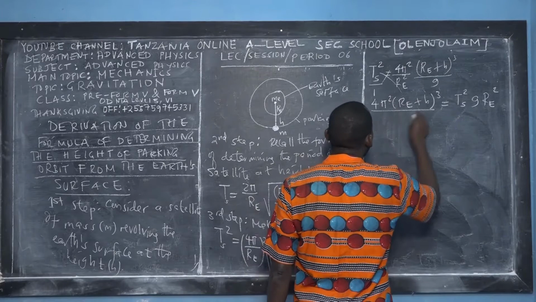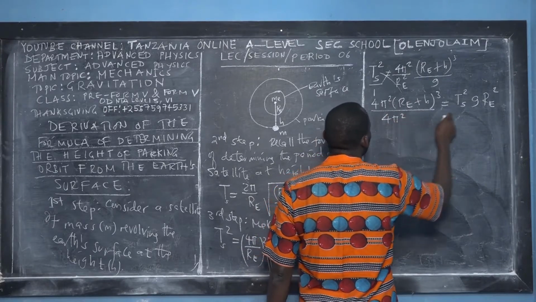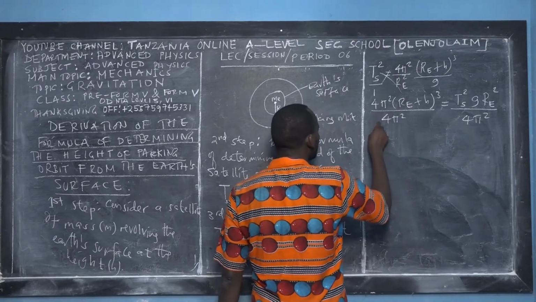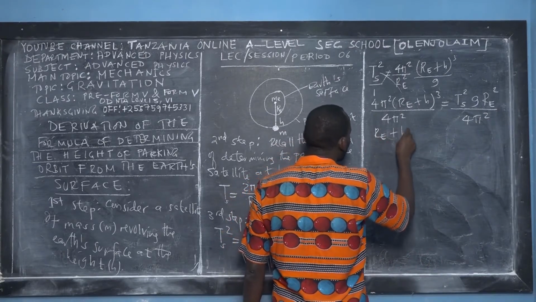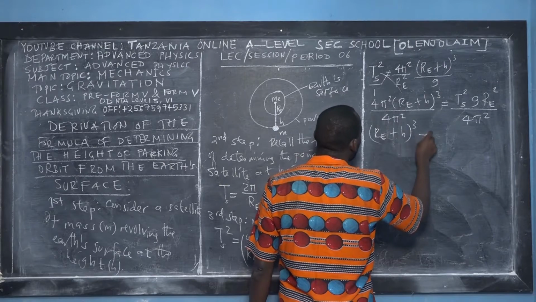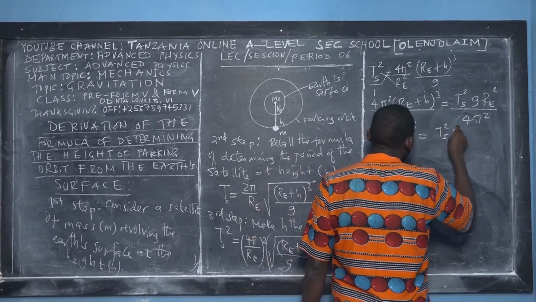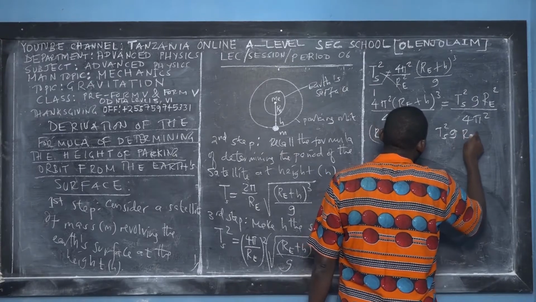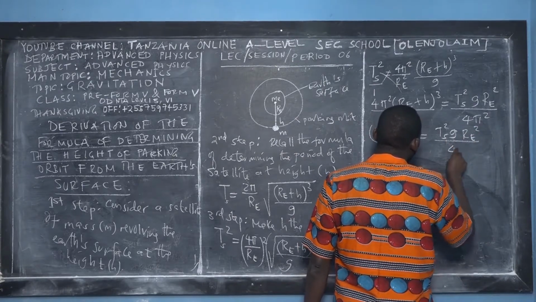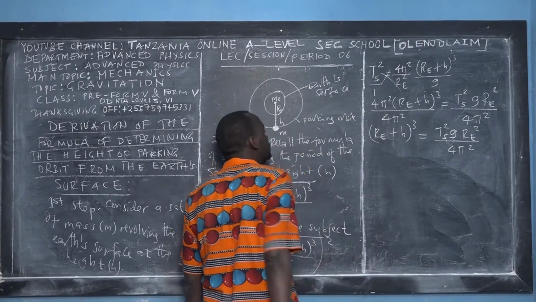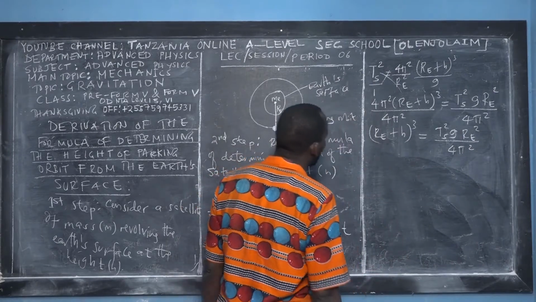Then we divide both sides by 4 pi squared, and then the radius of the Earth plus H cubed is equal to the square of the period of the satellite, acceleration due to gravity, radius of the Earth squared, over 4 pi squared.